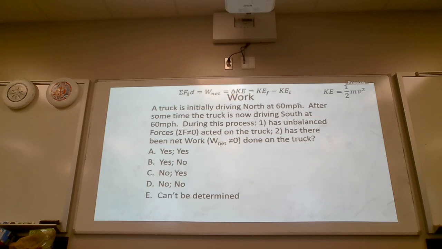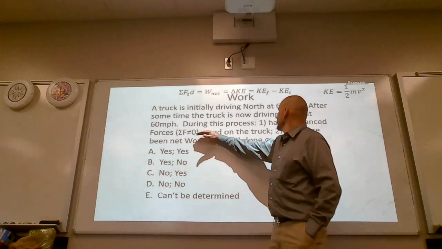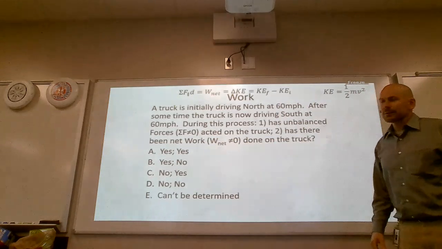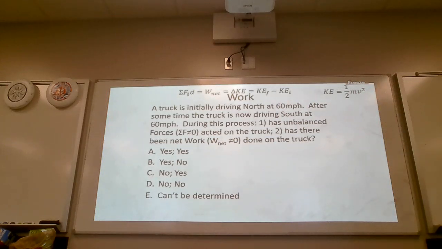Therefore, was there a change in velocity? Yes. It's a vector, it incorporates speed and direction. If you change either one of those, that's acceleration. So you have a change in velocity, you have acceleration. The net force cannot be equal to 0. There is an unbalanced force, so the net force is not equal to 0.